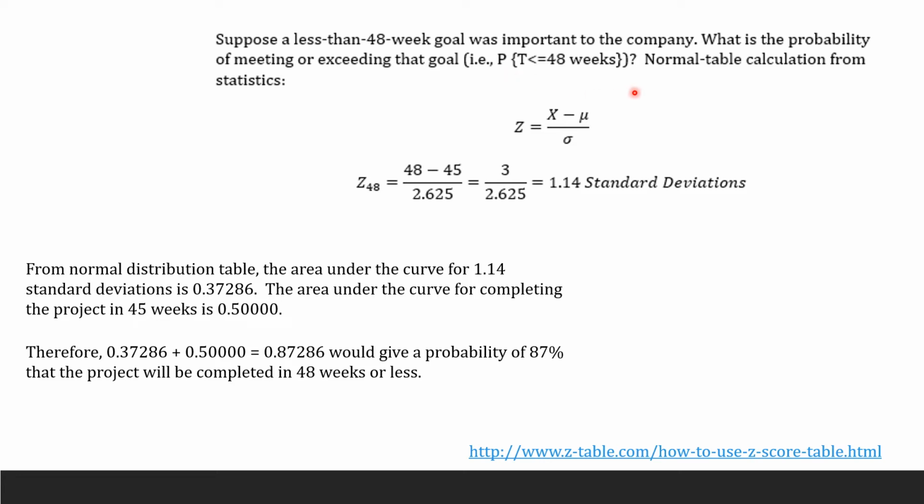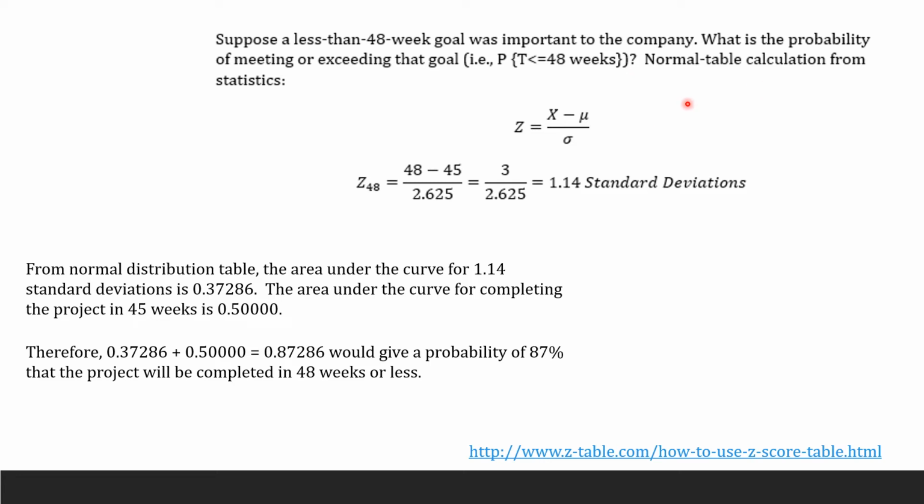The question is asking, how much is that? I want to know the probability that the total average time is going to be less than or equal to 48 weeks. Meaning, what percentage of the time will we be spending the longest time for this project. So you have to know that probability, so let's see how to calculate that.